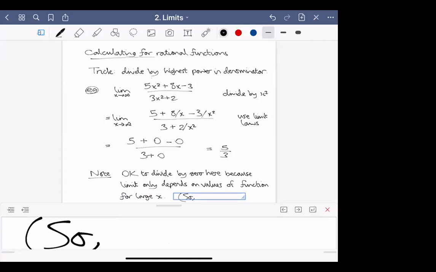It's in the same way that the limit as x approaches a point c only depends on the values of the function near c.